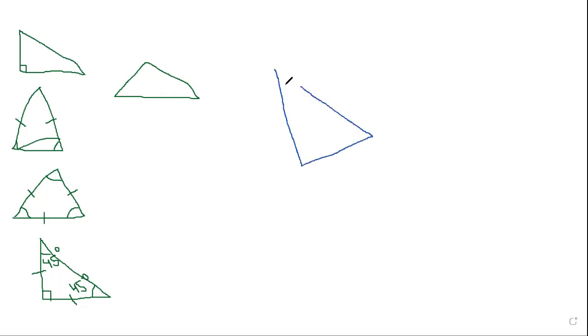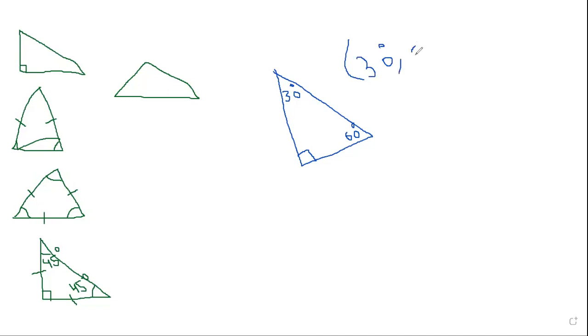This triangle has a right angle in it, but it's not called a right triangle. It has a 30 degrees angle in it. This angle is equal to 30 degrees, and this angle is equal to 60 degrees. So in this special triangle, I have three angles measuring 30 degrees, 60 degrees, and 90 degrees.